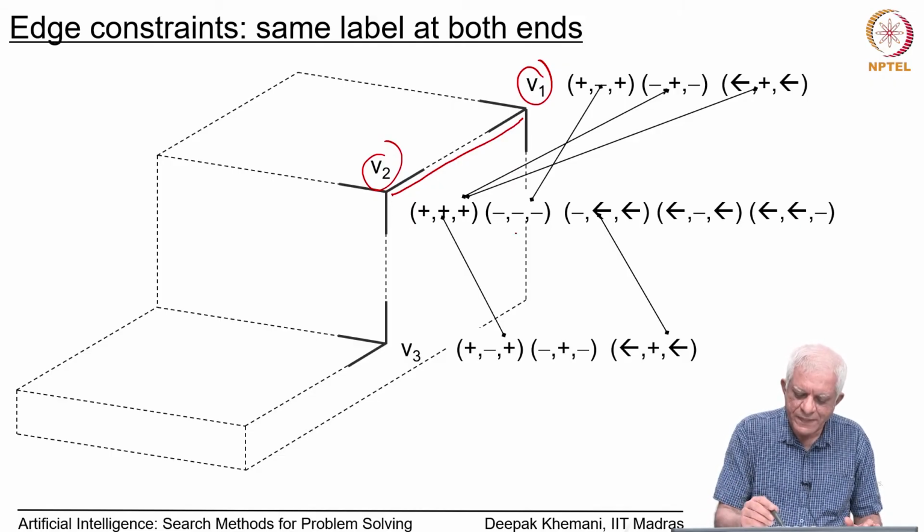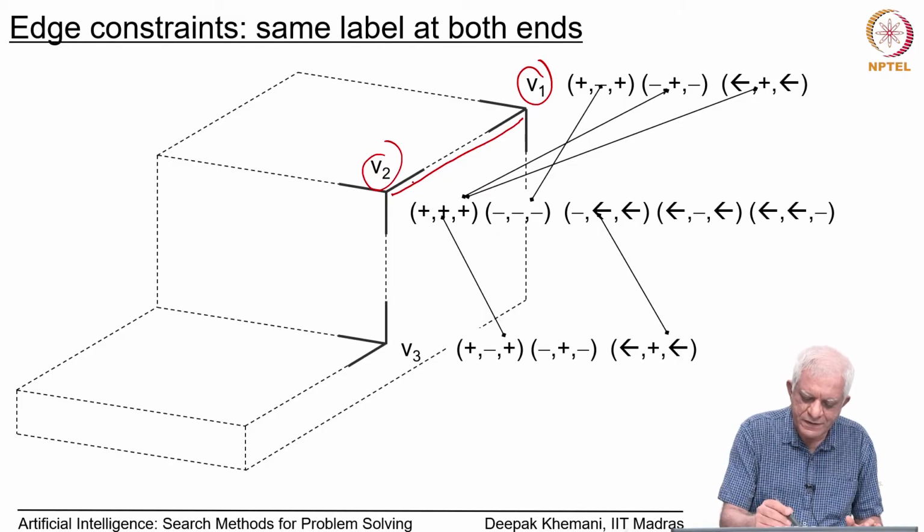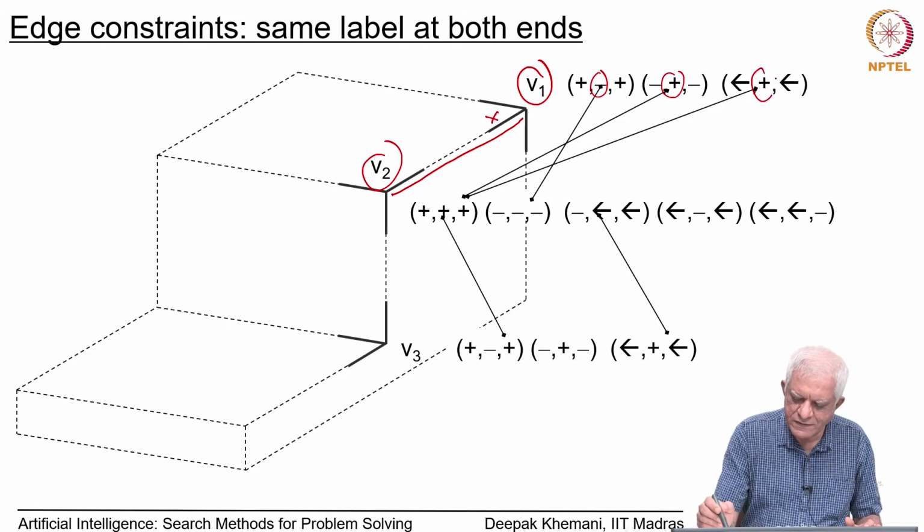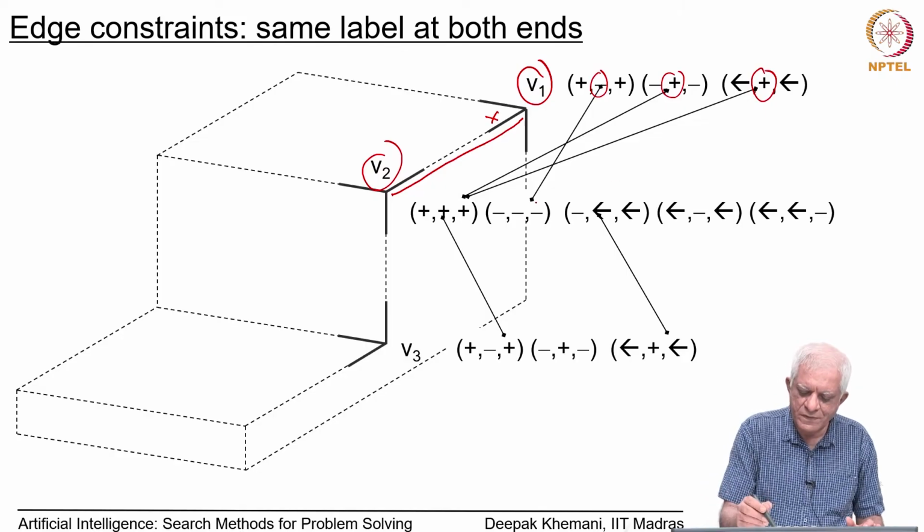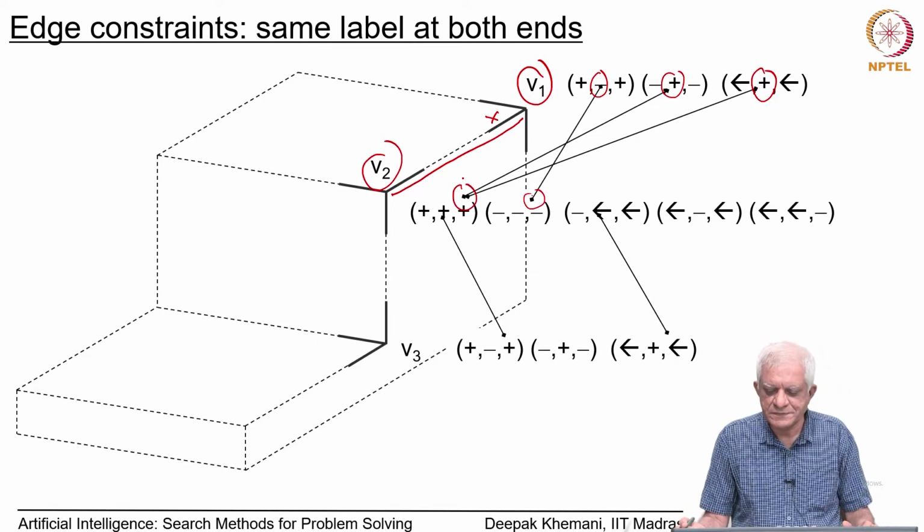But it says that the middle one in V1, which is this one or this one or this one, must correspond to one of them in V2.